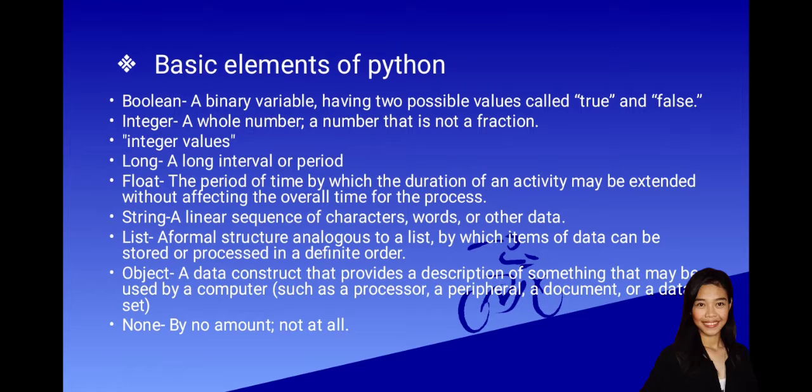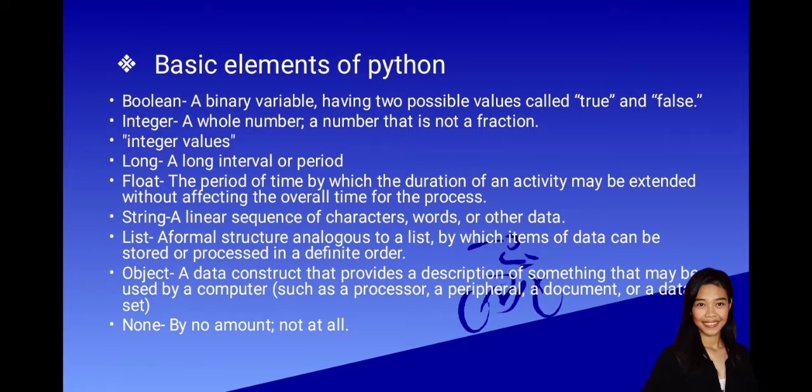String, a linear sequence of characters, words, or other data. List, a formal structure analogous to a list by which items of data can be stored or processed in a definite order. Object.